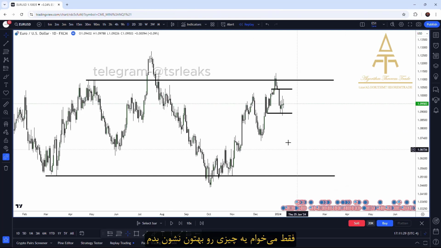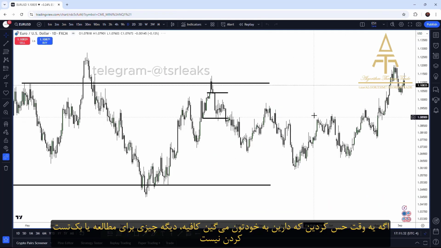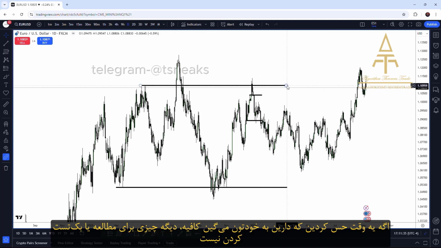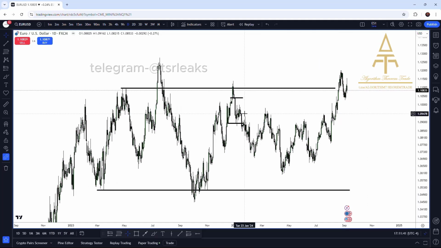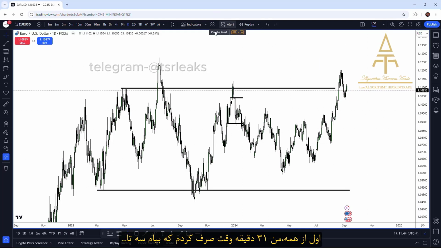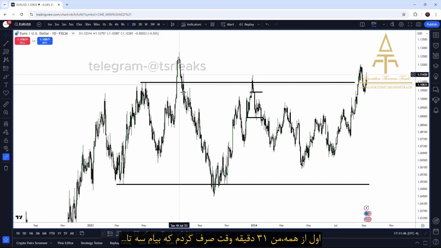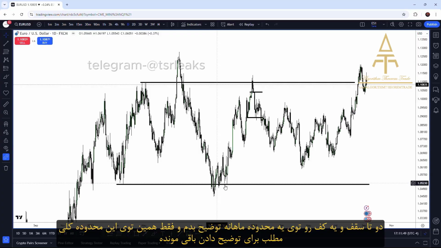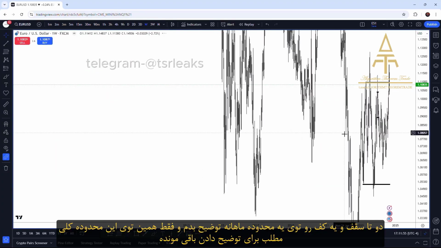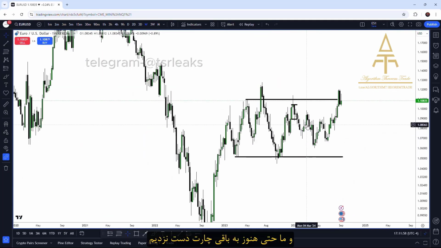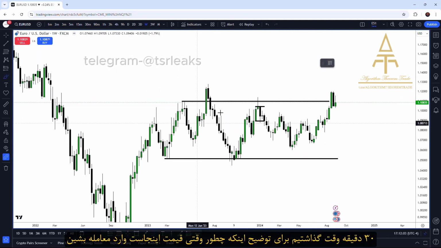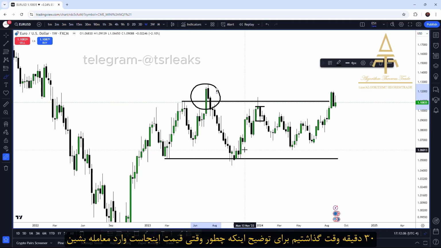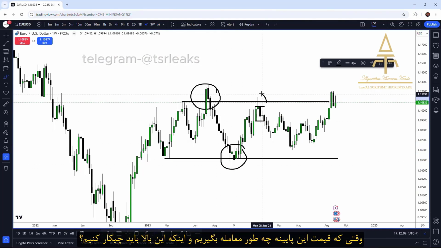I just want to show you guys something here. If you ever fall victim to telling yourself you've studied enough, there's no more to study, there's no more to backtest: first off, I just spent 31 minutes explaining 2 highs and 1 low inside of a monthly range, and there is a lot more to explain just within this range alone. And we haven't even touched the rest of the chart yet. 30 minutes was spent explaining how to execute when price is up here, how to execute when price is down here, and what to do up here.